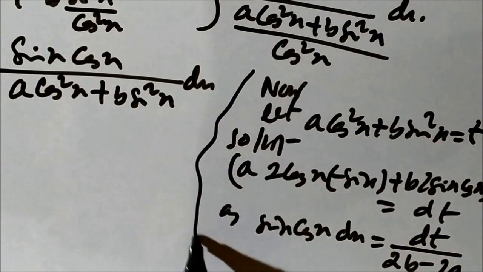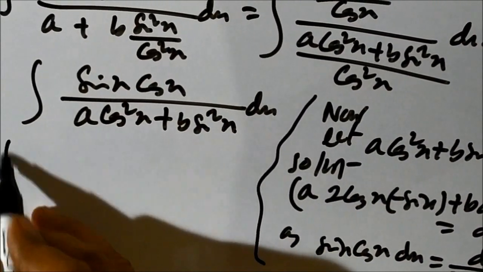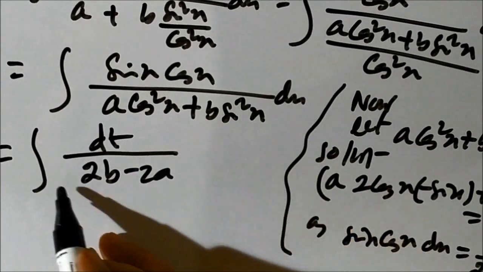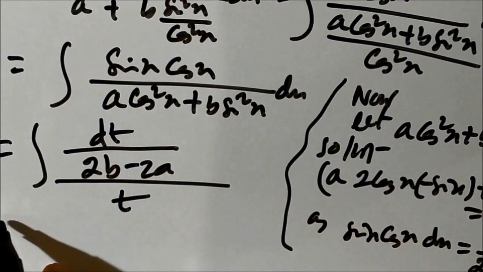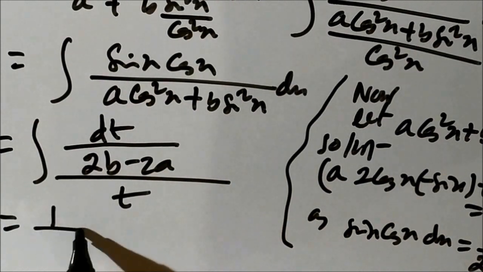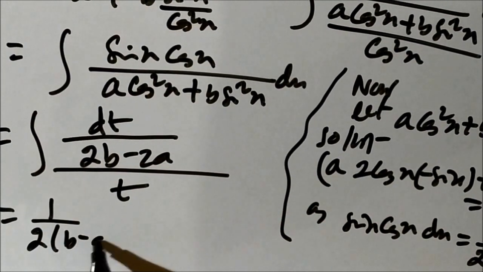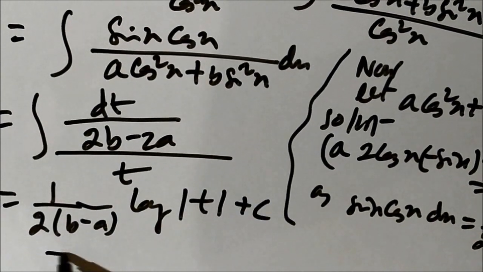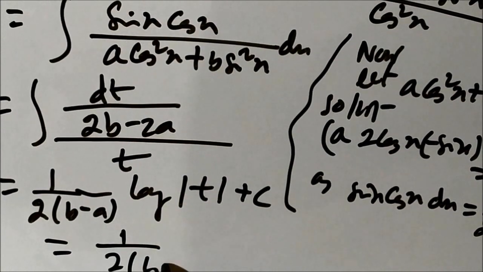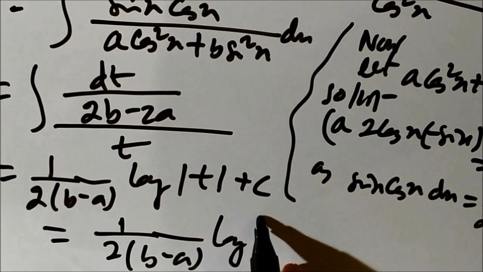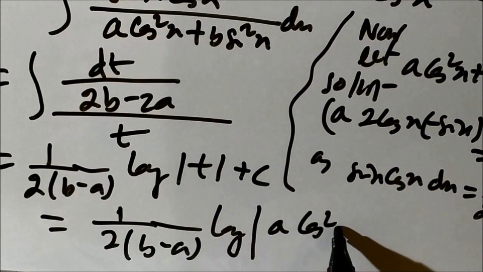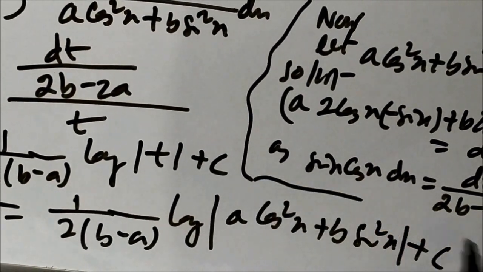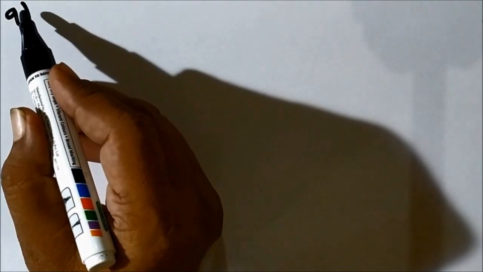Now this is equal to dt by 2b minus 2a by t. So 1 by 2 b minus a log mod t plus c. This is equal to 1 by 2 b minus a log mod a cos square x plus b sin square x plus c. Answer.